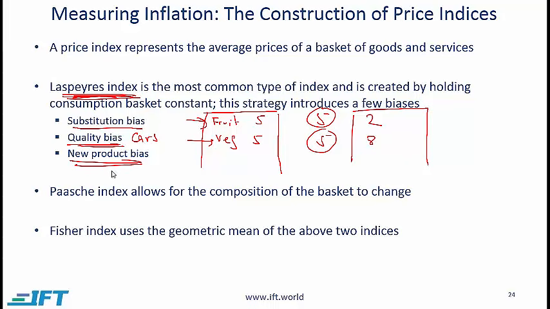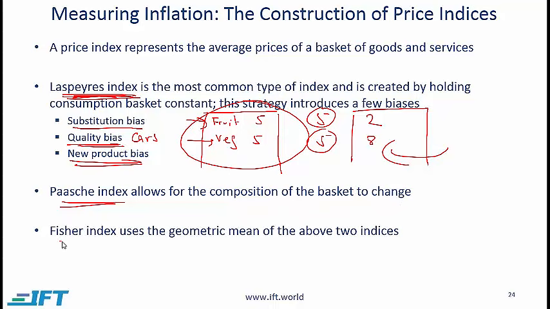New product bias, this means that new products which keep entering the market do not get into the consumption basket because our consumption basket is fixed, and this also creates an upward bias. We have another type of index called the Paasche index, and this allows for the composition of the basket to change.